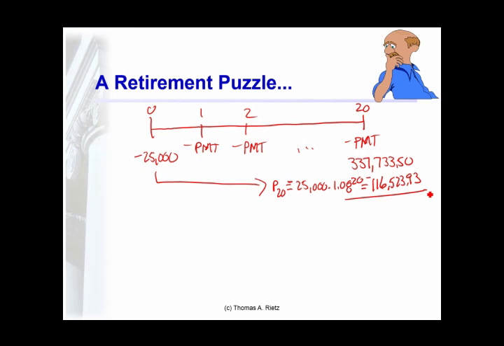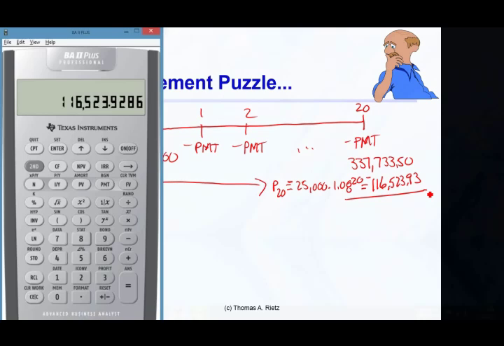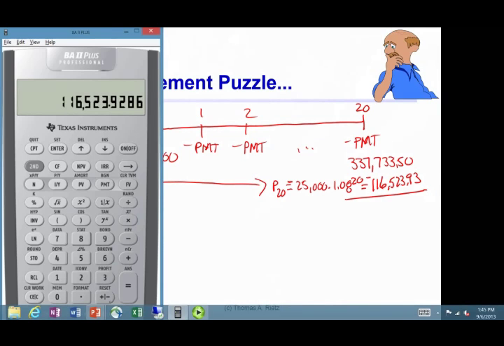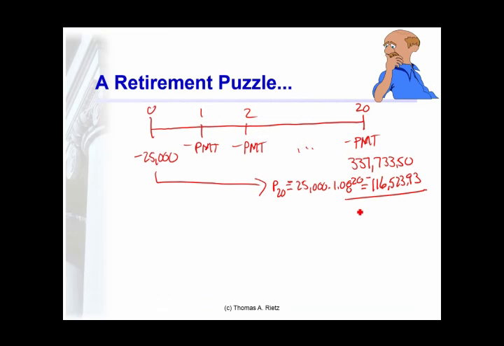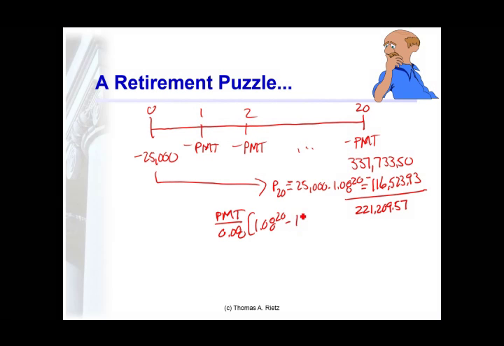So the net amount my payments have to save, let's see if I can get this, is $221,209.57. So my payments carried forward for 20 years have to grow to $221,000.